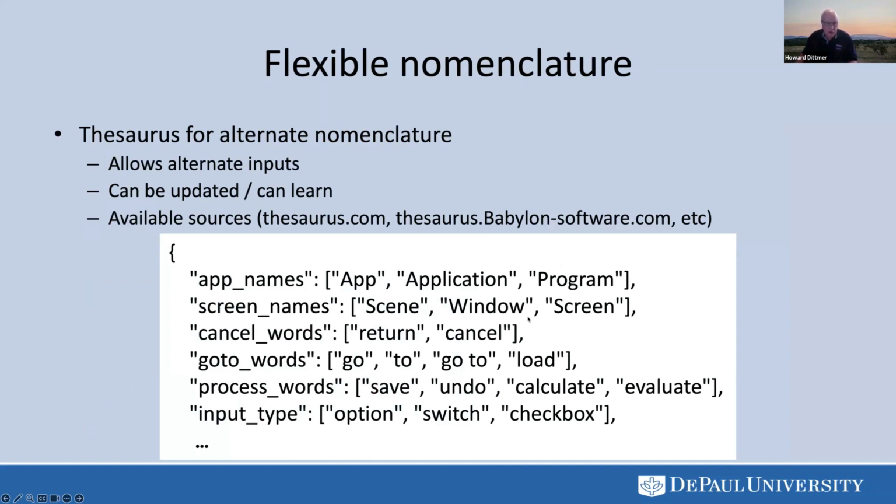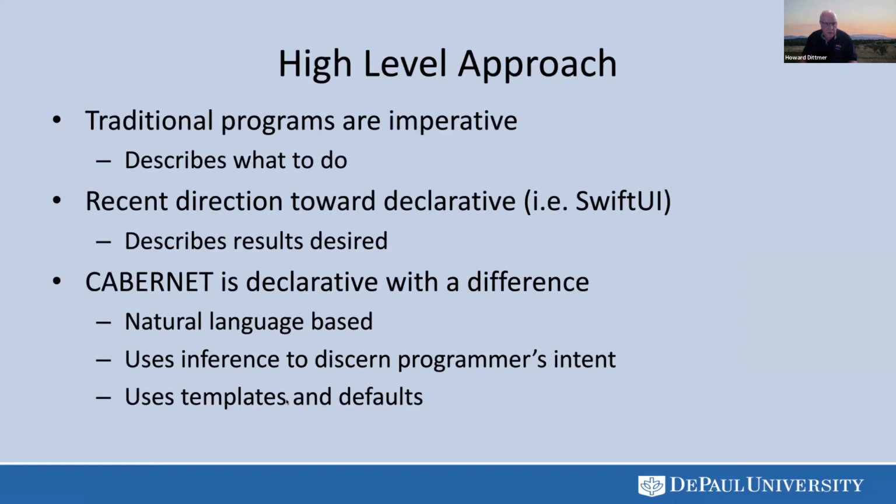And we can use a thesaurus to even fill these in with other alternatives, or for customizing for a particular developer or development team, you can even manually add additional words or phrases here to describe these various types of objects.